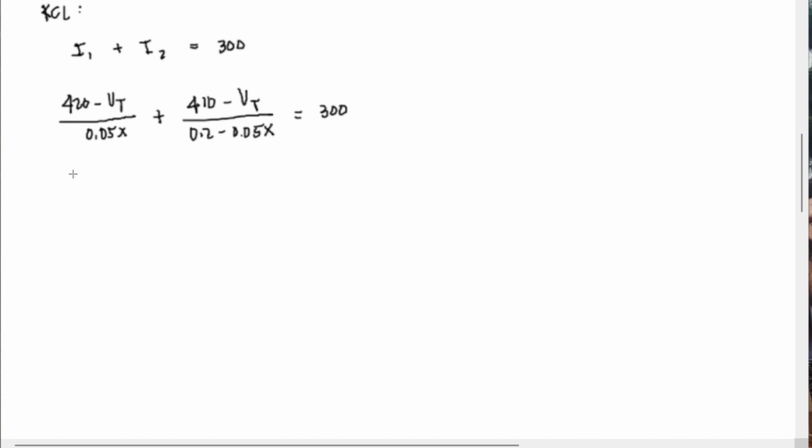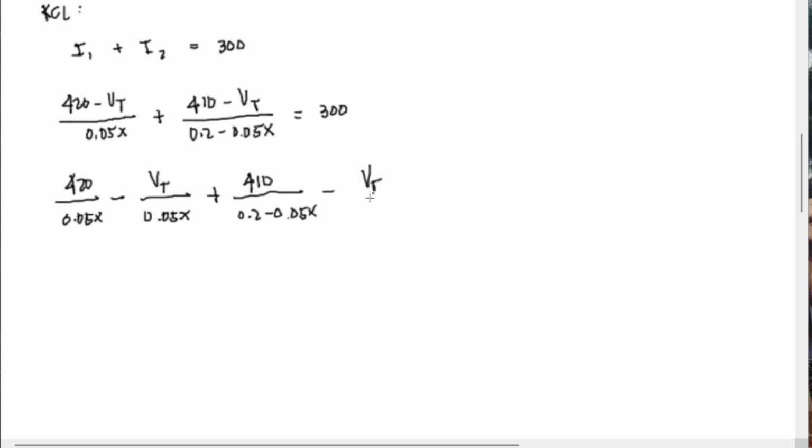Then, magiging ganyan: 420 over 0.05x, minus VT over 0.05x, plus 410 over 0.2 minus 0.05x, then minus VT over 0.2 minus 0.05x equals 300.